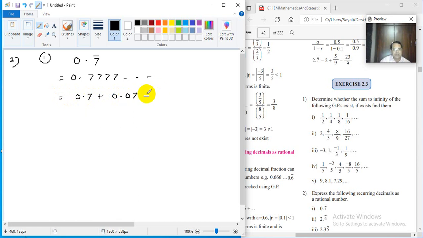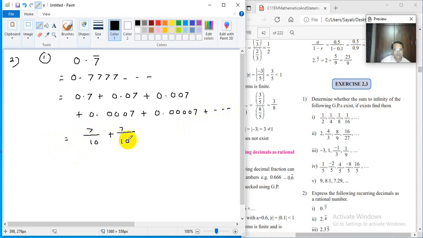So what is this? This is equal to 0.7 plus 0.07 plus 0.007, then plus 0.0007 and so on. म्हणजेच काय झालं बघा, this is 7/10 plus this is 7/10 squared plus this is 7/10 cubed plus and so on.